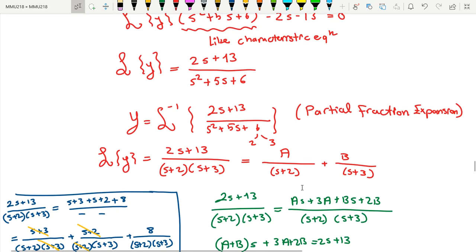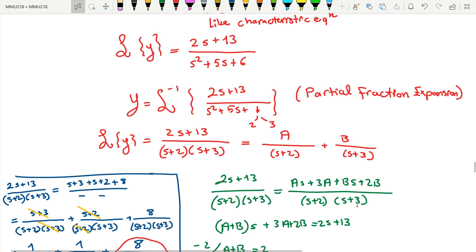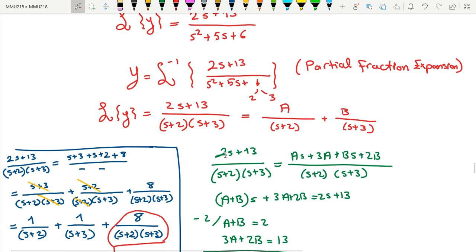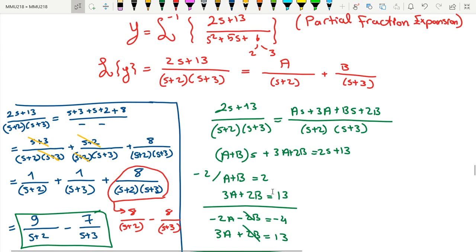So let's do this. This is as plus 3a, sb plus 2b over s plus 2, s plus 3. So it means that 2s is equal to the s coefficients, a plus b. 2s is a plus b. And 13 is 3a plus 2b.